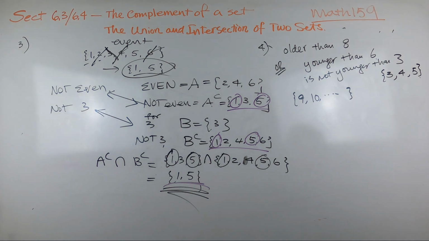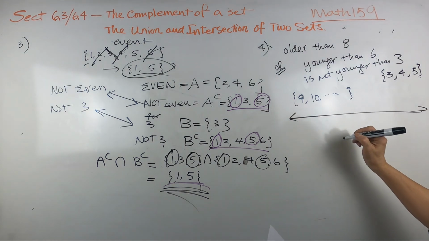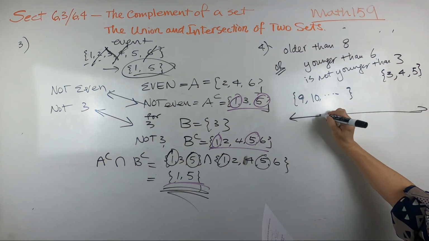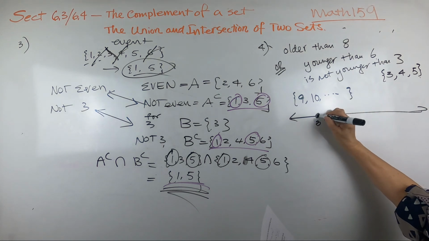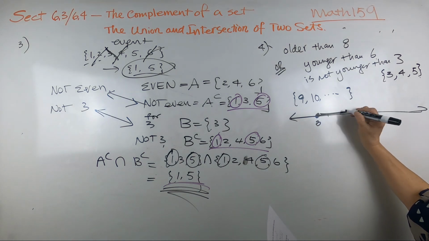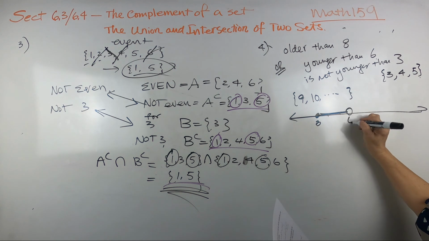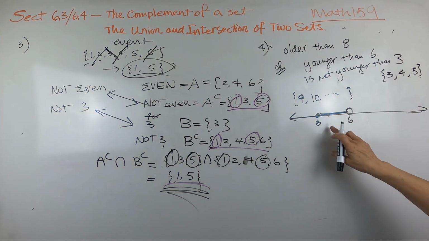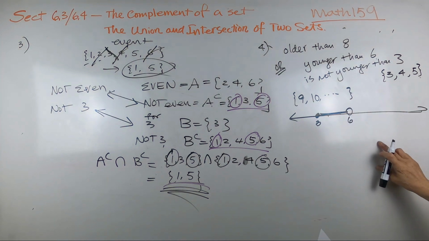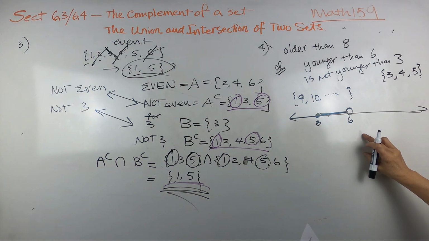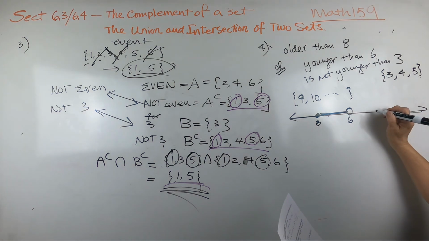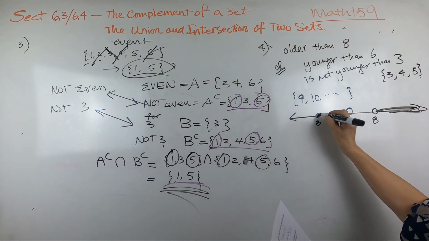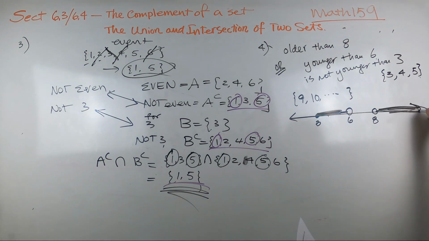So we want to write it in set notation. Let's do the picture so we kind of know. You have 3, 4, 5, younger than 6, maybe 5.5 or something. And or older than 8. So that's the age selection we are doing.